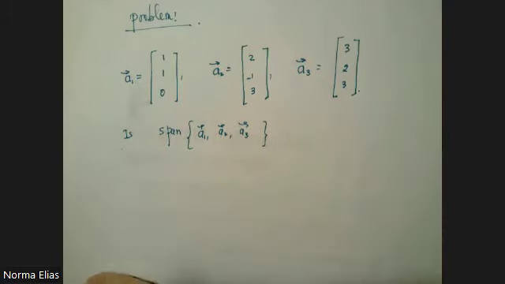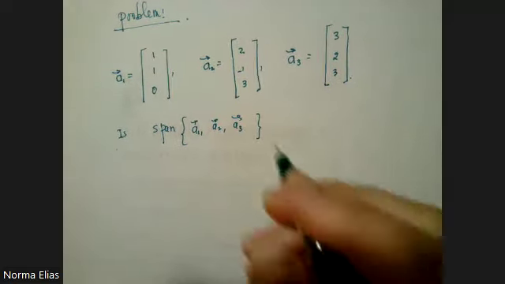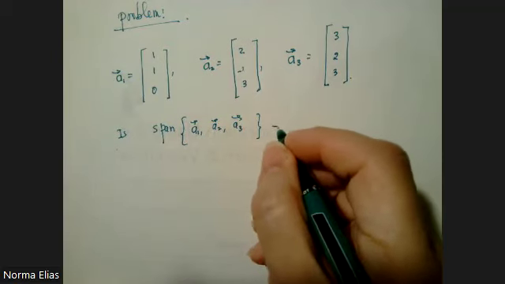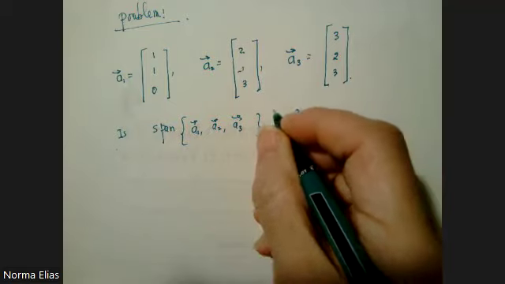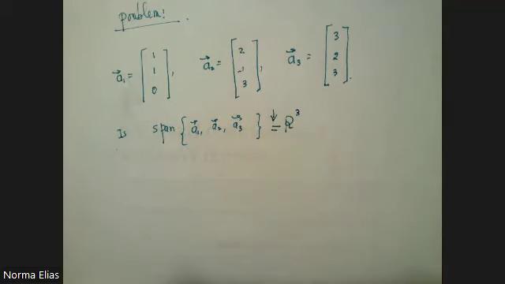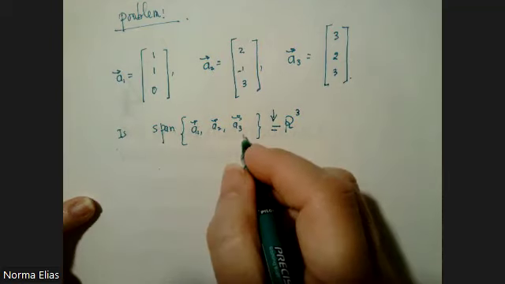So I take all those linear combinations. Is it possible to hit every vector in R3? Mathematically we will write, is the span equal to R3?